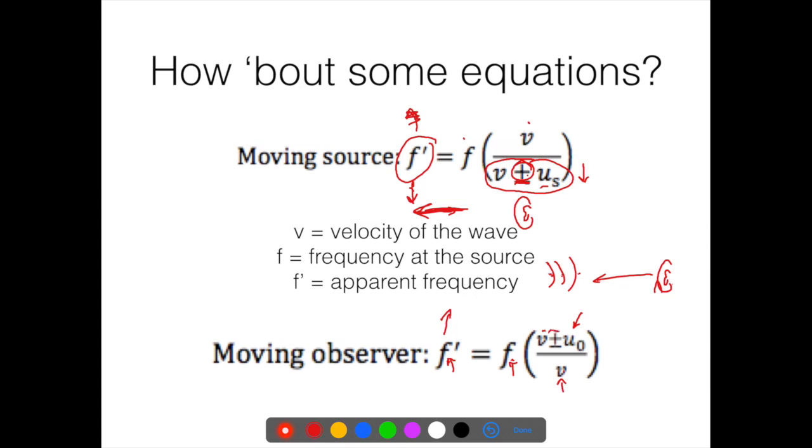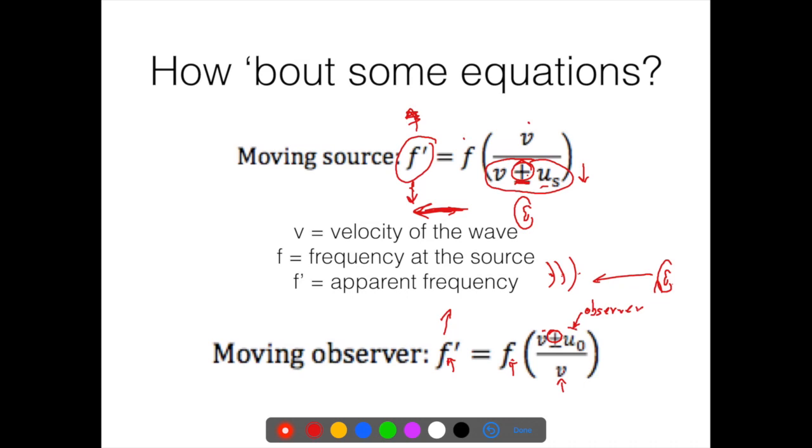That means we're going to add the velocity of the observer, because we want the numerator here to be larger, and a larger numerator will result in a higher frequency.